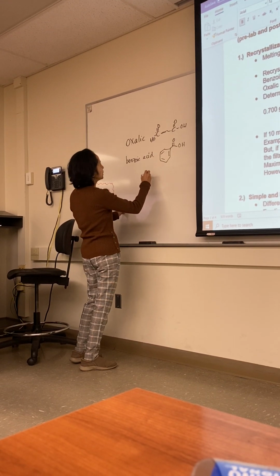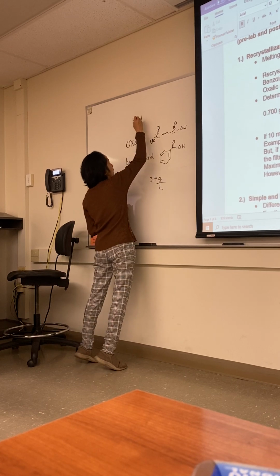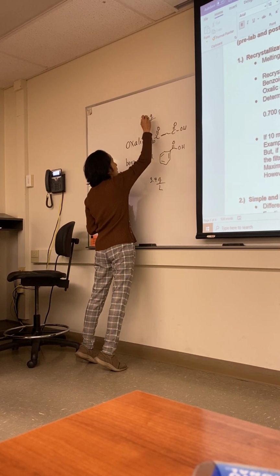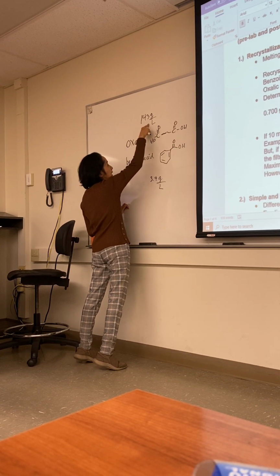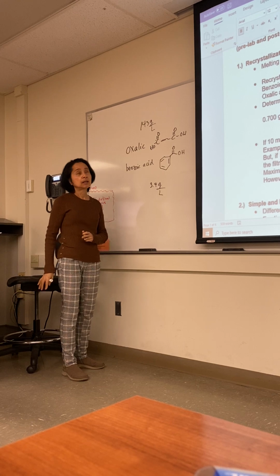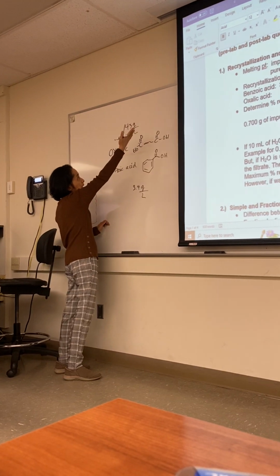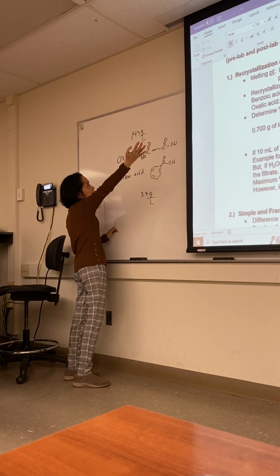So it's 3.4 grams per liter. This one is 143 grams per liter. That means that for 1 liter, you can dissolve 143 grams, but this one, you can only dissolve 3.4 grams, okay? You can convert that to milligrams per ml. It's the same, right?